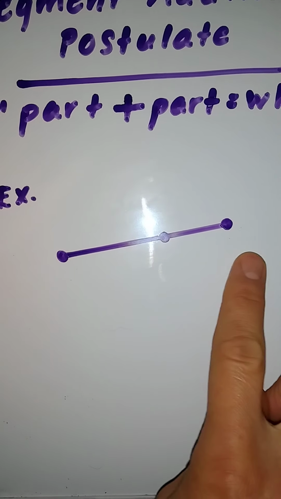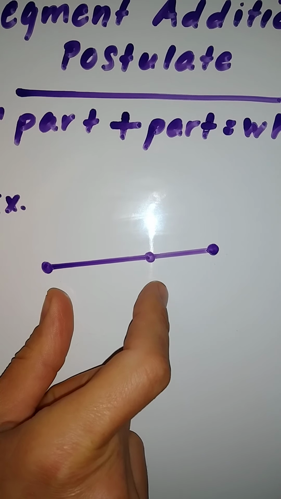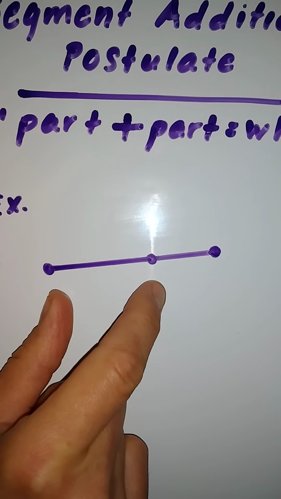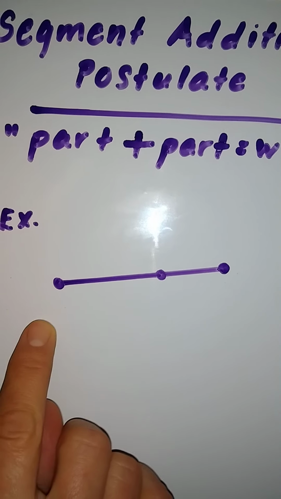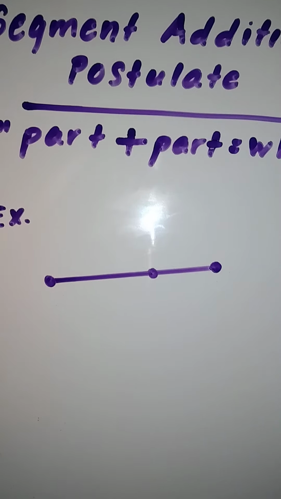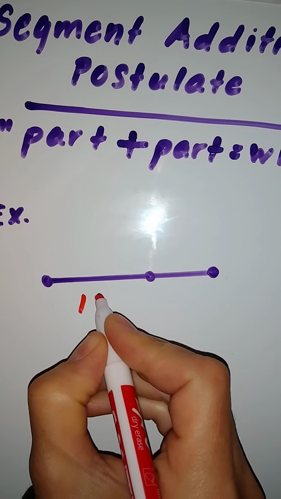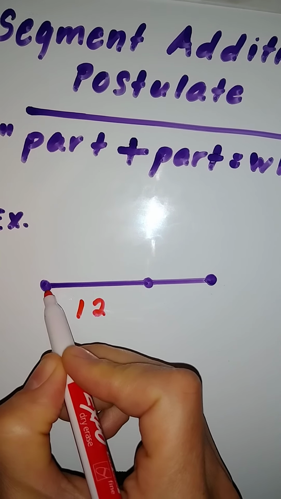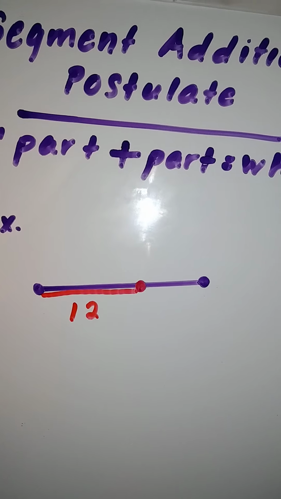Let's say you need to measure this length and you have a ruler and you put your ruler down and you notice, oh, it's short. I can't measure the whole thing. Well, you have a strategy. You can take your ruler and measure the first 12 inches. And when you get to the end, you mark that.